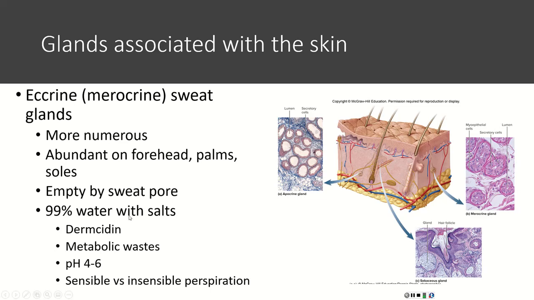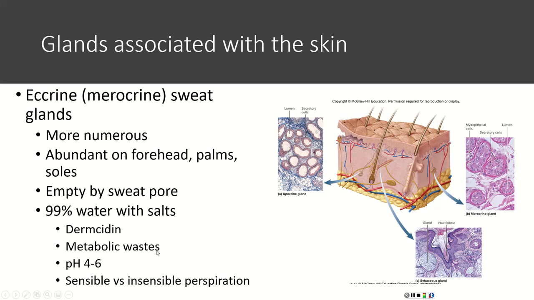Now, they are about 99% water, but dissolved in that water will be dermcidin that we mentioned in the previous lecture. It's antimicrobial. There will be a little bit of metabolic waste.